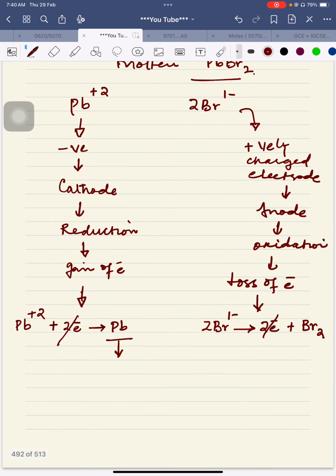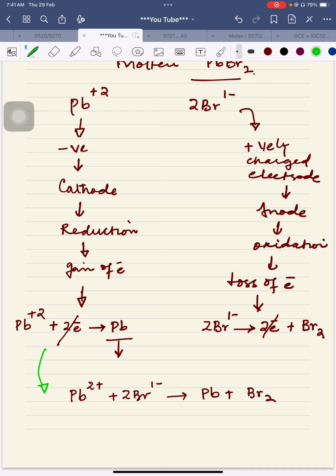Before writing the observation, I would like to write down the summed up equation. It is Pb2+ plus 2Br1- arrow Pb along with Br2. Okay, what is the observation in this case? I'm writing with another color so that you people may not mix the things. It is Pb, and what is the color here? I have told you that you are going to consider every metal silver gray in color.